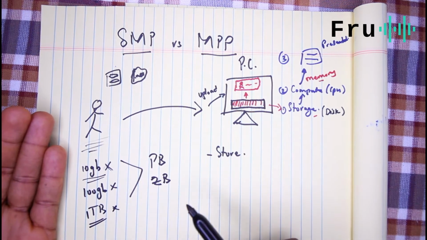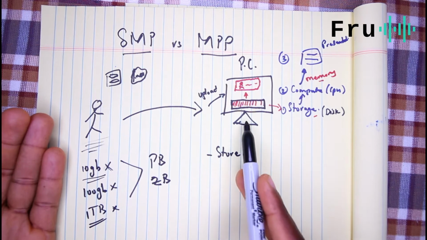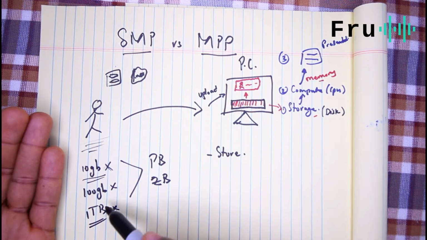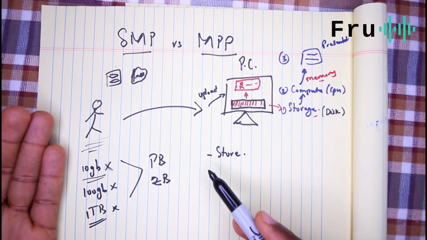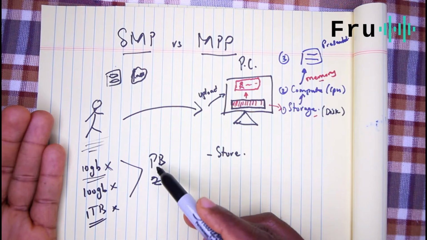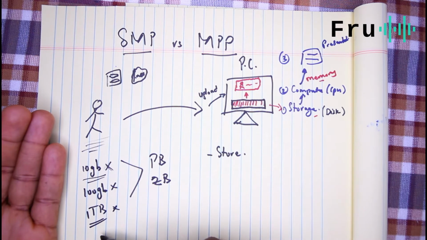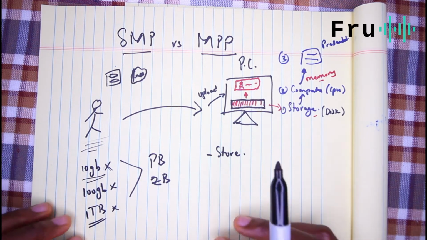So the question is, how do they manage to store that data within PCs when we know that PCs will notoriously complain when your file is not even up to 1 terabyte? You can't even store it on the PC. Yet companies have petabytes of data, which is tens of thousands of times of terabytes. How do they store that and be able to process it and analyze it?